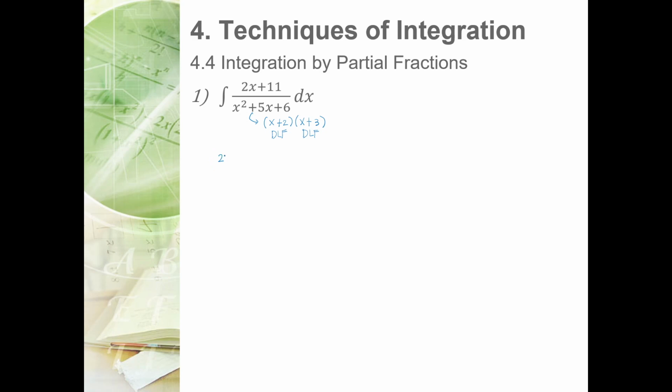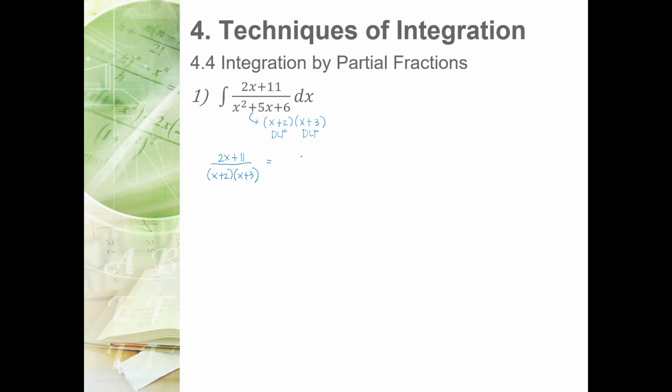Okay, so writing the original equation first, 2x plus 1. Then instead of x squared plus 5x plus 6, you have to write it as its distinct linear factors, x plus 2 and then x plus 3. And then you have to apply now on the right side the different partial fractions according to what type of factor you're going to have in the denominator.